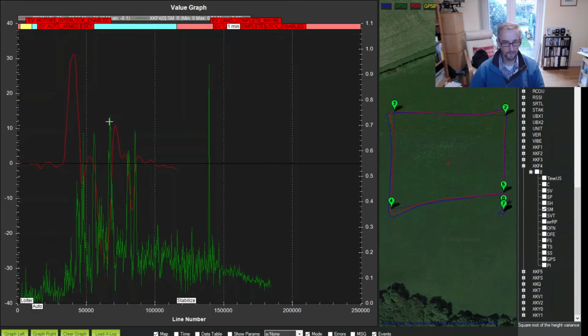Although I've done a mag fit on the compass, what we think is going on here is that really I need per motor compensation rather than an overall value, because there's probably going to be a much higher variance around these very tight corners.